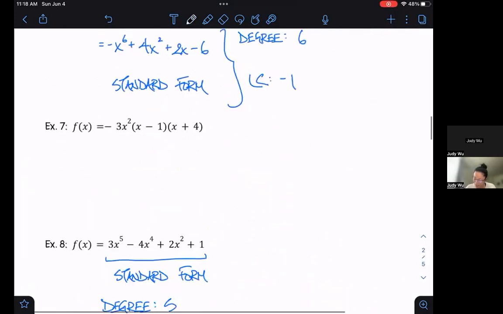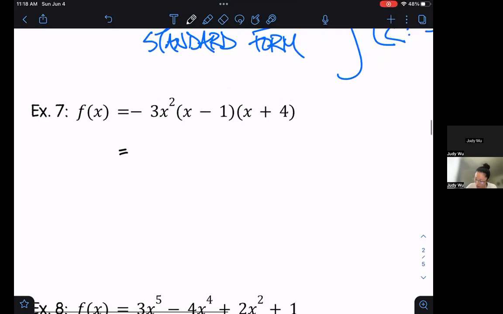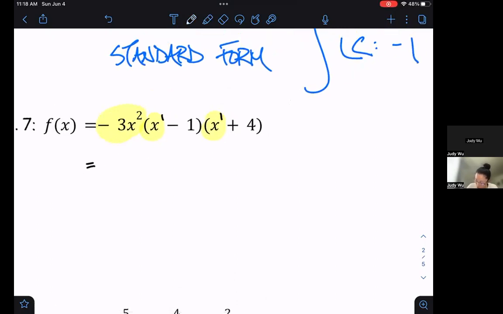All right, let's take a look at example 7. Okay, so let's try this time multiplying out just the highest powers. So negative 3x squared, x, and x. These are secretly x to the first. All right, so that would give me negative 3x to the fourth, because x squared times x times x would be x to the fourth, plus a bunch of stuff.